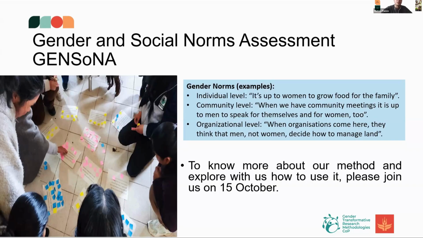But second, it also highlights the flexibility of the GenZona tool, which can be adapted for different contexts. So that's a brief pitch of what our experience was applying the tool. To learn more about the results and findings of our research in the context of Colombia, please join us for our sessions in October. Thank you very much, and back to you, Awen.